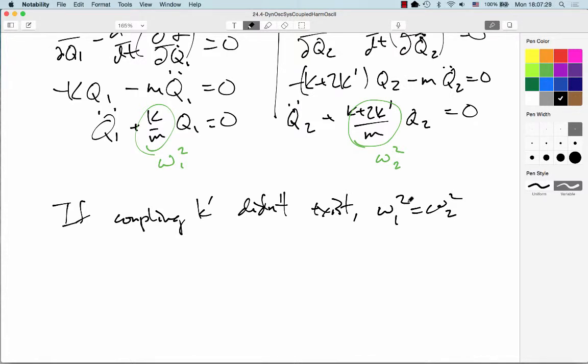So we call that a degeneracy. The system admits two possible solutions, but they both happen to have exactly the same frequency. This happens in quantum mechanics a fair amount, that sometimes the system is degenerate, we call it.